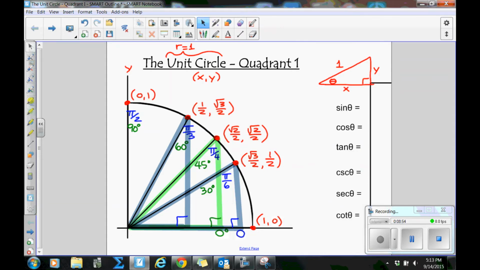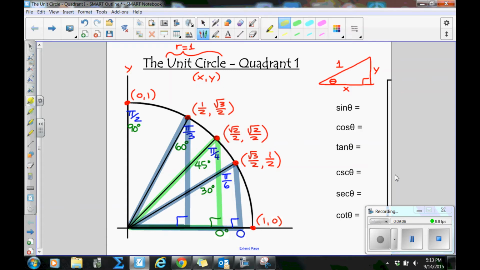Get rid of that space and remember the ideas of our trig ratios. Looking at the right triangle, the generic right triangle, radius 1, x along the horizontal, y along the vertical, just like our axes.